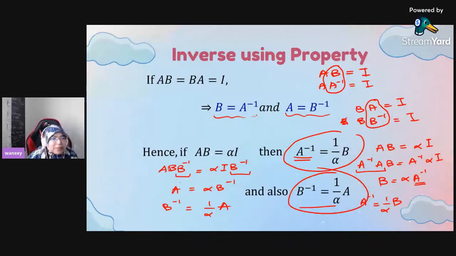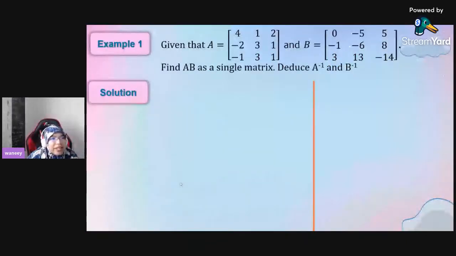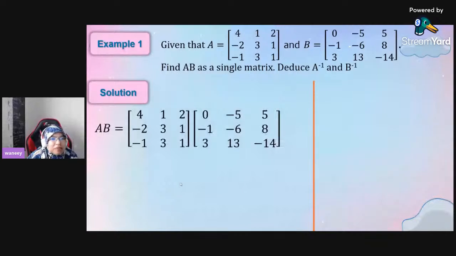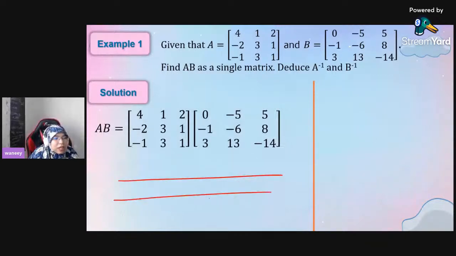Okay, next. Given that A is 4, 1, 2, negative 2, 3, 1, negative 1, 3, 1, and B is 0, negative 5, 5, negative 1, negative 6, 8, 3, 13, negative 14, find AB as a single matrix, deduce A inverse and B inverse. So you have to times A with B. We are going to separate the rows and the columns.